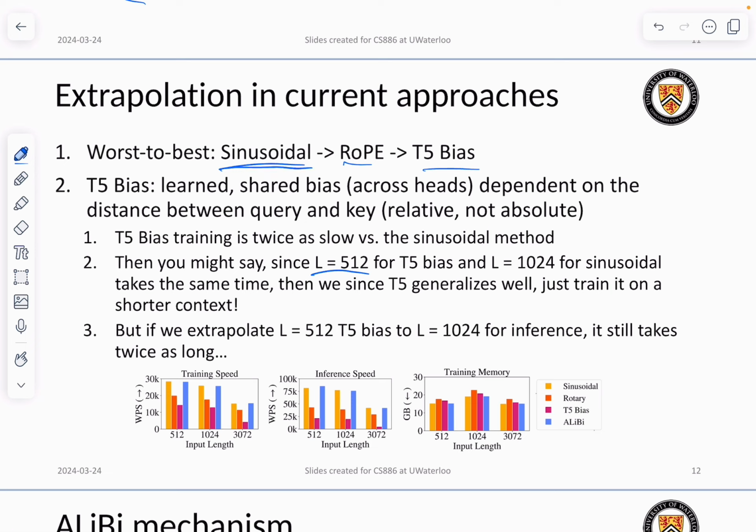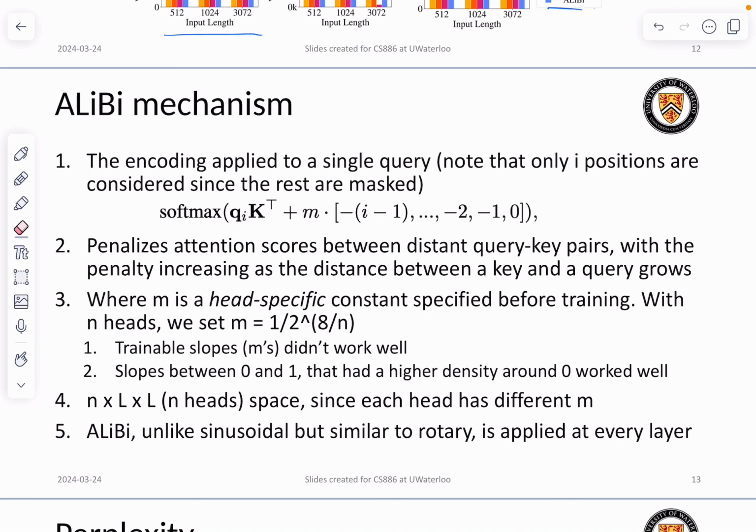So for example, training sinusoidal at a length of 1024 might be the same as training the same transformer with T5 bias at context length 512, because T5 bias takes up more compute, so training these actually takes around the same compute.